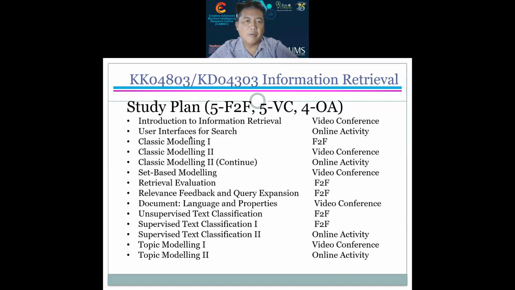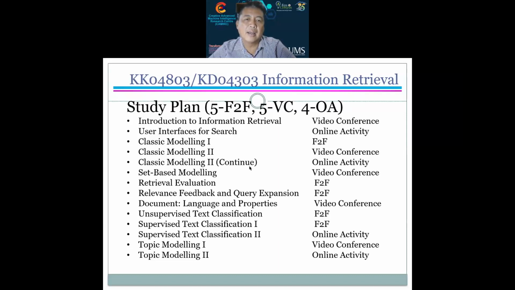For example, for the user interface for search, they will explain to you what kind of interfaces we have for searching. Then we also have the classic modeling tool, which is some exercise that you are required to do once you have studied classic modeling 1 and 2.